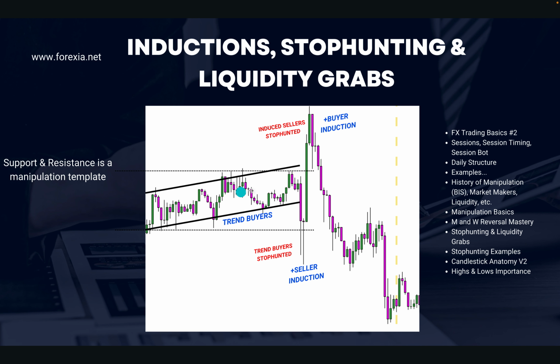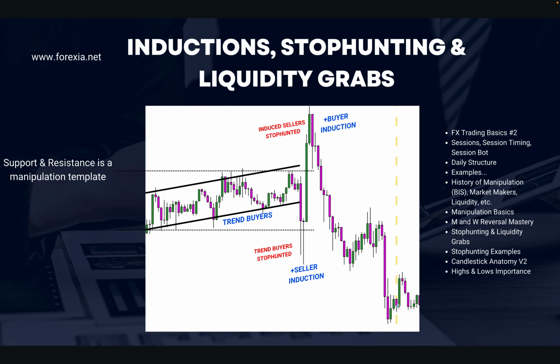After seeing all of this, they would have been induced to sell, and then what happens? Boom, in one candlestick, all of their stop losses were hit. One more candlestick induces buyers, and then a complete reversal of this trend.